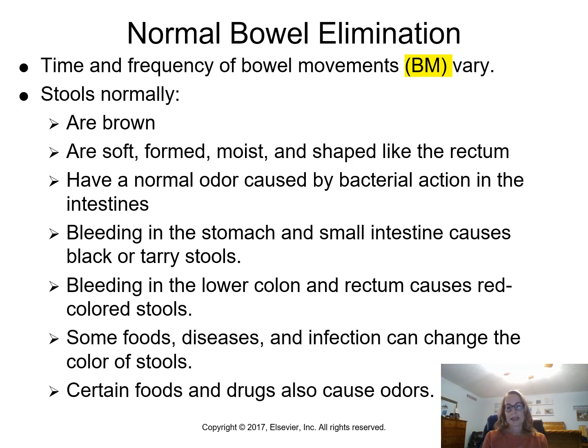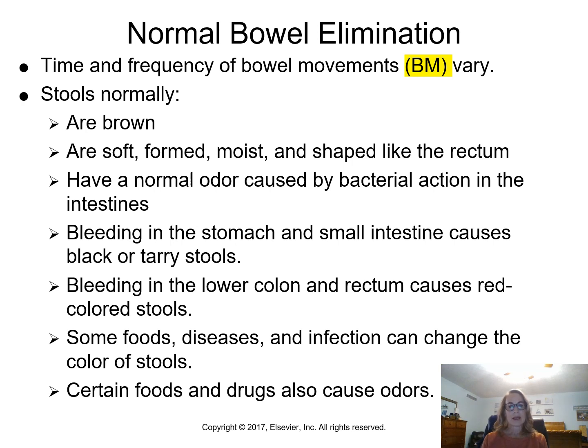So, again, everybody is different, so the time and frequency of BMs vary. So, we need to know about stool. Stools normally are brown, soft, formed, moist, and shaped like the rectum, and have a normal odor caused by bacterial action in the intestines. Bleeding in the stomach and the small intestines cause black or tarry stools.